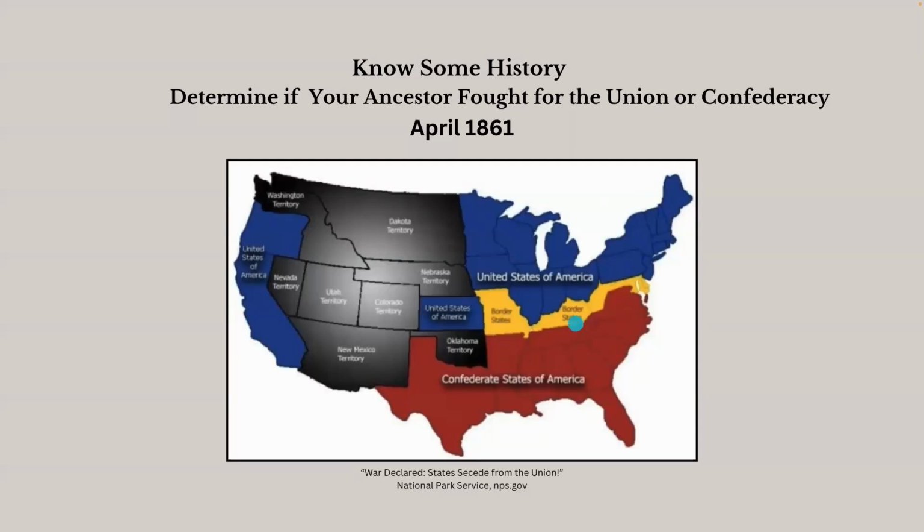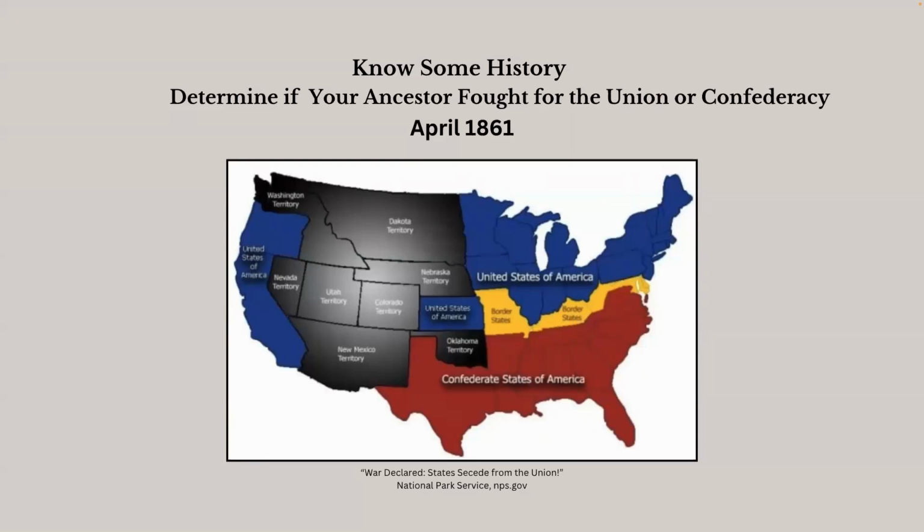In these 5 border states right here that did not secede, Kentucky and Maryland and Missouri and Delaware and West Virginia, there were many people in those states that had slaves and that served in the Confederacy instead of the Union. And also, there were many Southern Unionists that lived down here that did not want to serve in the Confederacy that fled to the border states like Kentucky to join Union regiments.